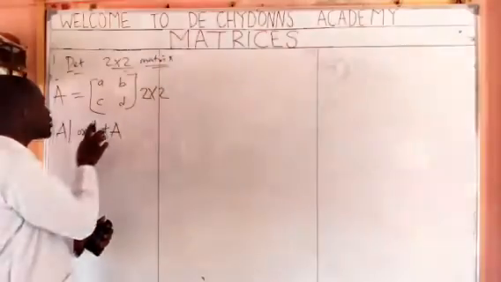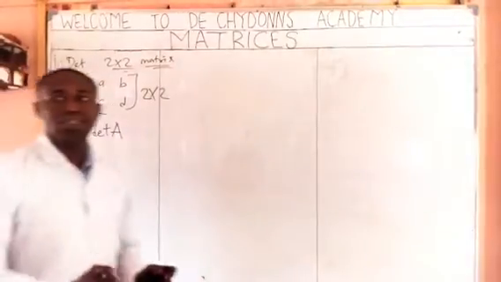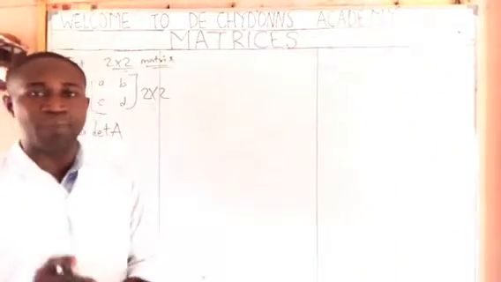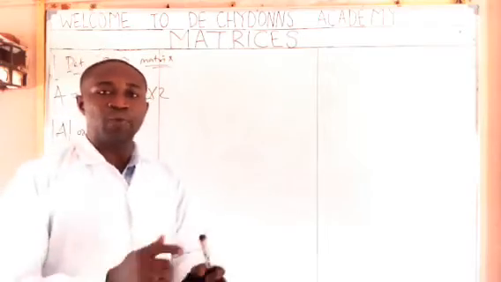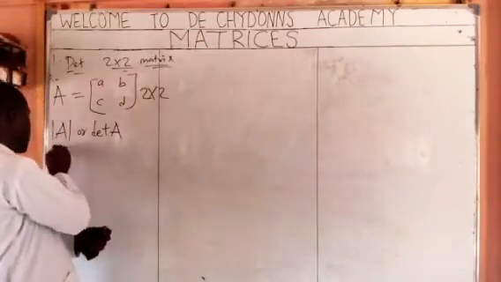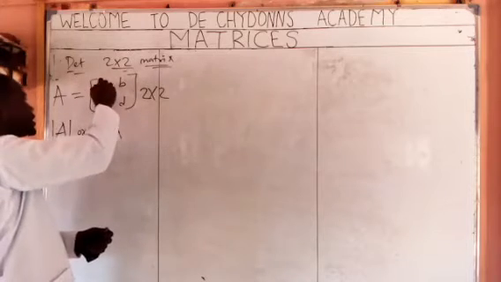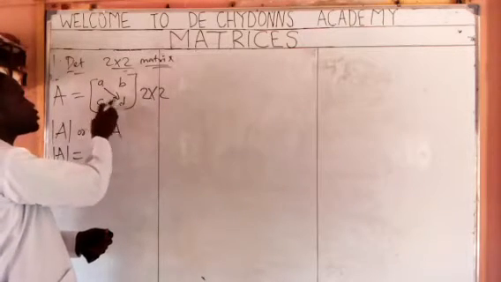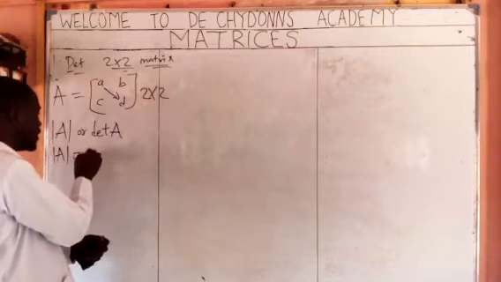Now, what is the determinant of a 2 by 2 matrix? It simply means get the product of the diagonal elements. This is the diagonal element. Get the product A times D, AD.